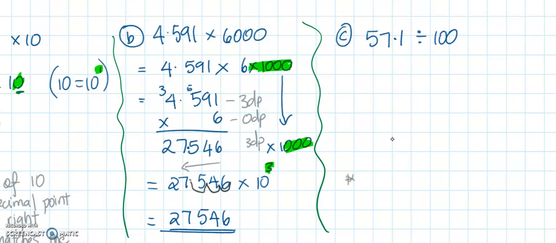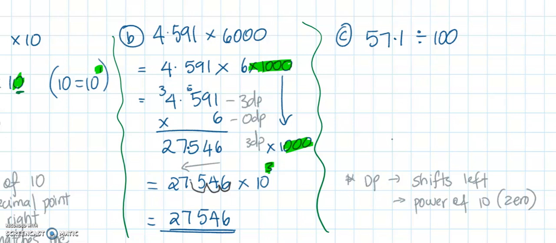So when we're dividing, our decimal point shifts left, and it matches the power of 10, or the number of zeros in the number. That makes sense because all the digits in that number are reducing instead of increasing.